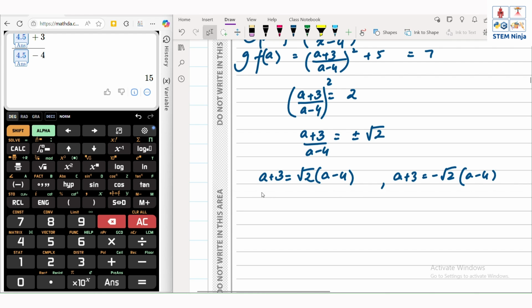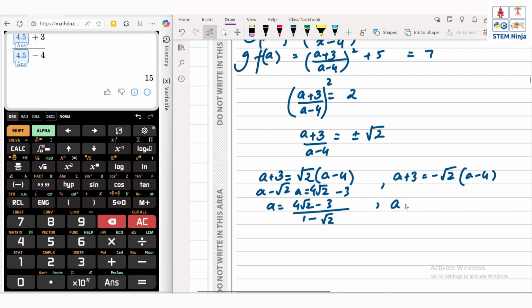Over here, this becomes a minus root 2 a equals 4 root 2 minus 3. So a becomes (4 root 2 minus 3) divided by (1 minus root 2).